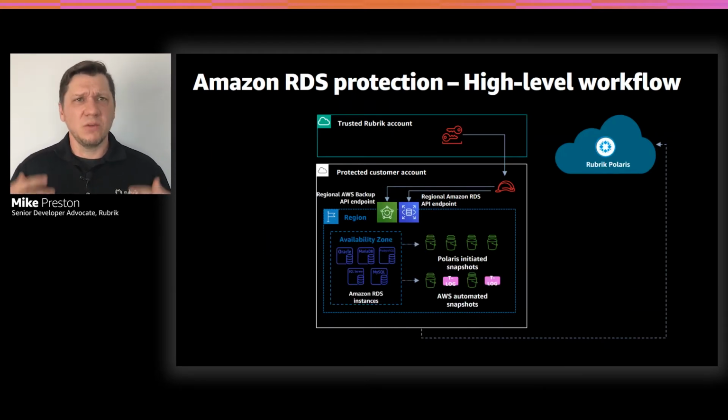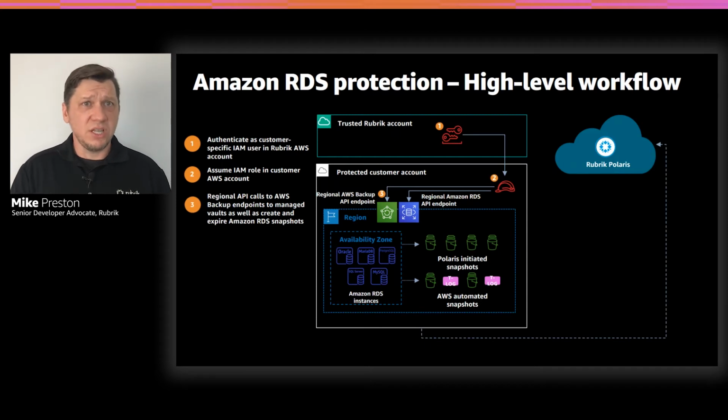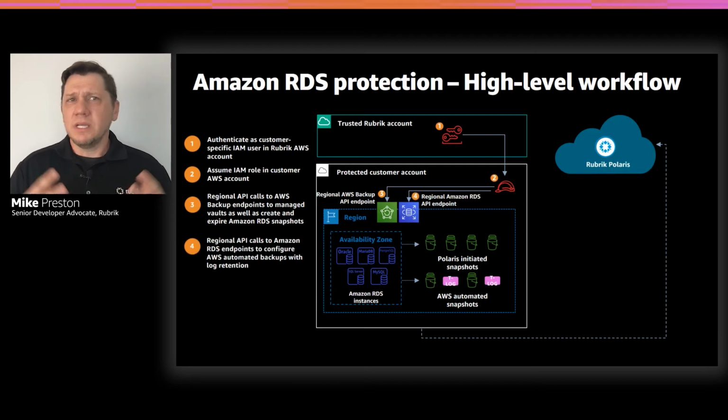So it's kind of the same thing where we authenticate in, we assume that cross-account role, and then we make some regional API calls to a backup vault to create ourselves that little container and issue the appropriate commands to create the snapshots for your database instances. From there, if you have set up log backup on the SLA domain, we'll actually utilize the automated AWS backups because they contain all of the transaction logs that we need in order to provide that very, very granular level of protection.